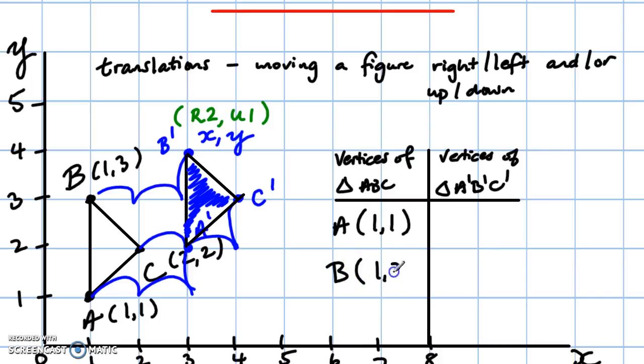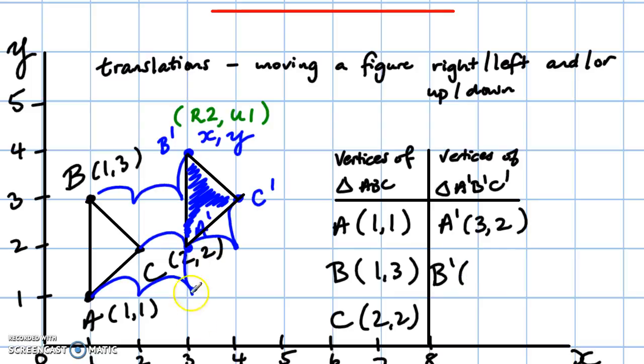B is at (1, 3), and C is at (2, 2). Now, A prime is now at (3, 2). Okay, B prime we see is now at (3, 4), and then C prime is now at (4, 3).